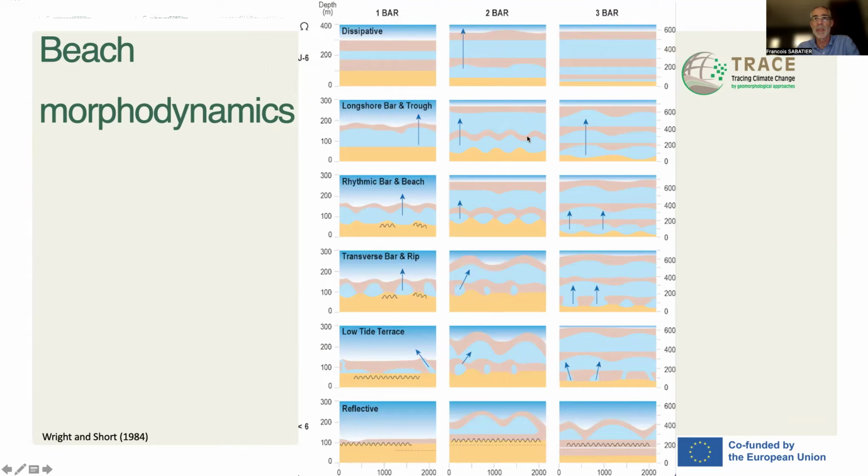But here there is undulation. So this one is more connected to a rhythmic bar and beach. So keep in mind that morphology can be quite complex, and this kind of model is very useful to describe a morphology. And you need to focus on this morphology to understand how the system is working.